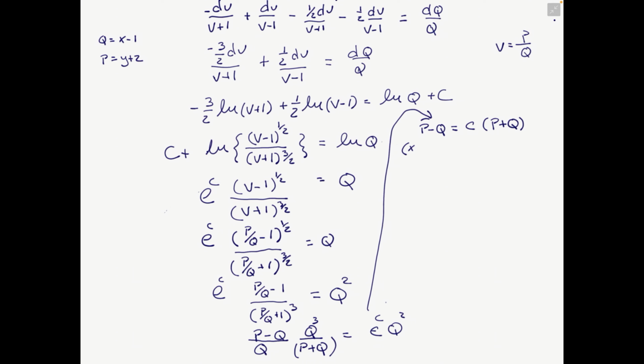So x minus 1 minus y minus 2 is equal to c, y plus 2 plus x minus 1, and we have x minus y minus 3 equals c, y plus x plus 1.